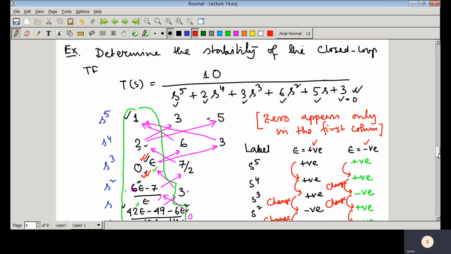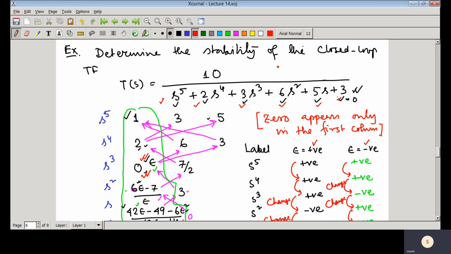So in that case, we use the reverse order method. Reverse order method means we change the coefficients of the polynomial in the reverse order. That means if we bring 3 here and 3 here, so 1 here, then we replace 5 here and 2 here, then 6 here and 3 here.